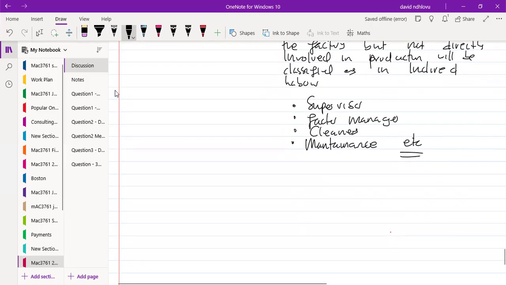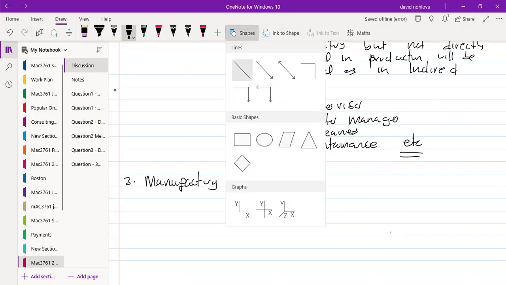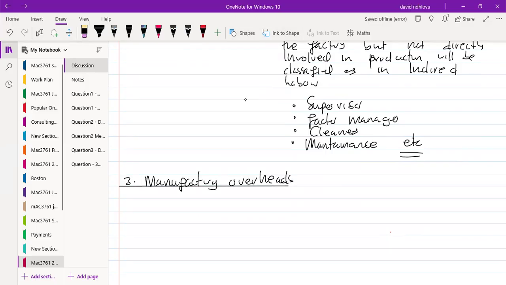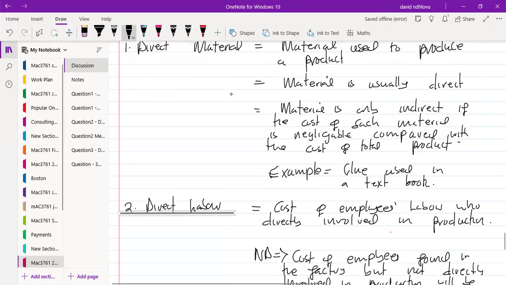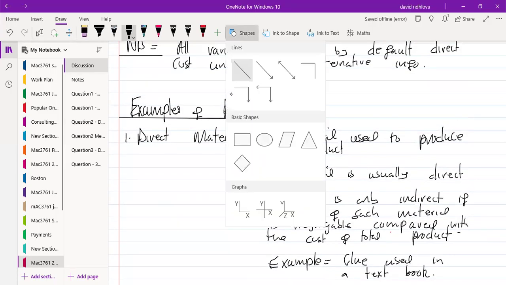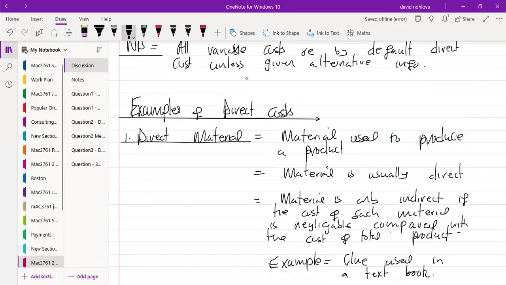Then finally, we have manufacturing overheads. So remember, I'm giving you examples of direct cost, and I've also given you indirect cost. Now, manufacturing overheads can be direct or indirect, or they can be fixed or variable.